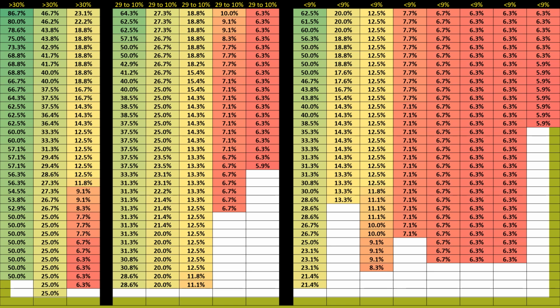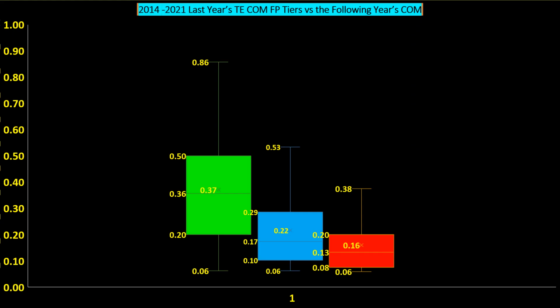Next, so I've got these three populations. Last year high, last year mid, and that's 29 to 10% consistency, then below 10%, 9% or less. So I do something to look at the populations of these numbers called box and whisker. You can see the boxes there. I have a green box, blue box, red box, and that is high, mid, and low consistency last year, and this is what they've done this year.